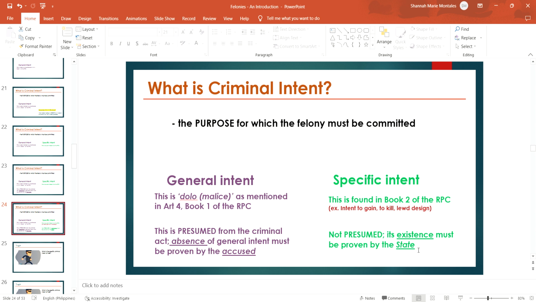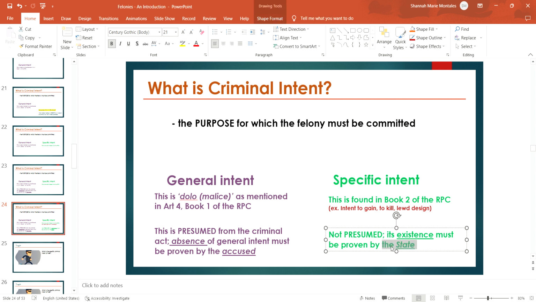Okay? So, kailangan siyang i-establish ng state through the prosecution. Kailangan may mga ebidensya, may mga proof na okay, merong intent to gain, intent to kill, lewd design. General intent, hindi kailangang i-prove because it is presumed.